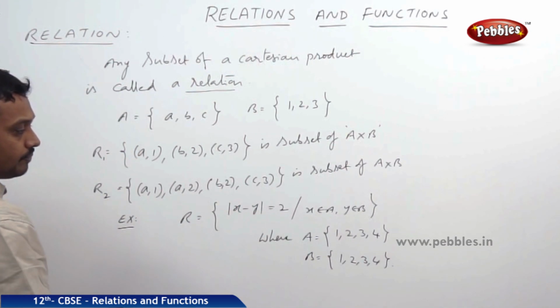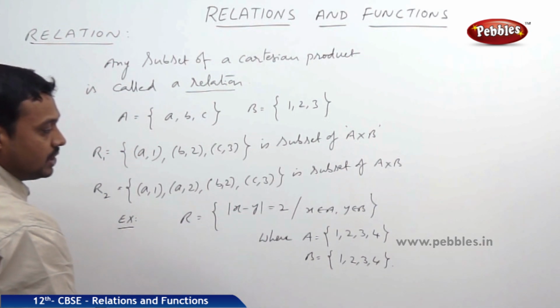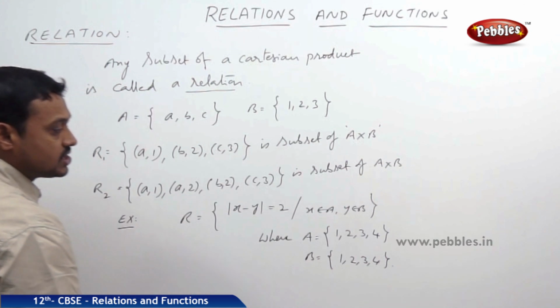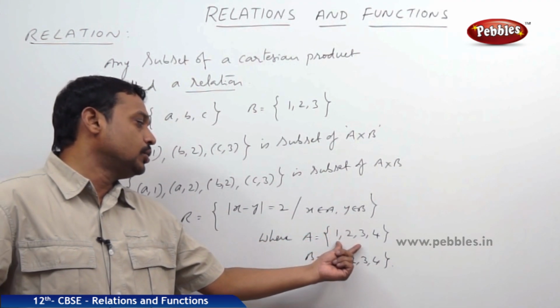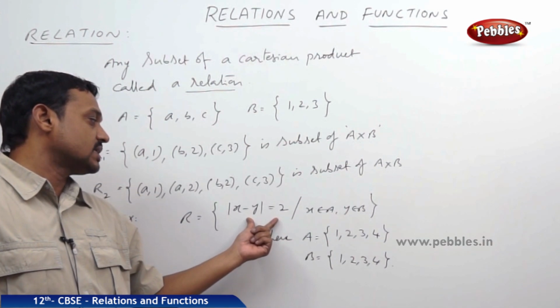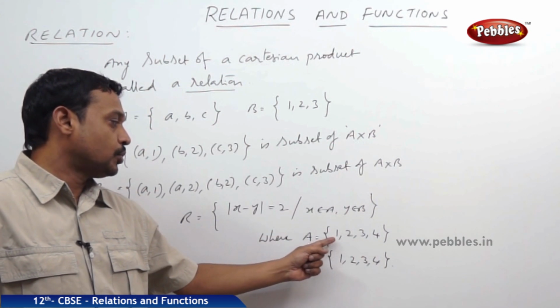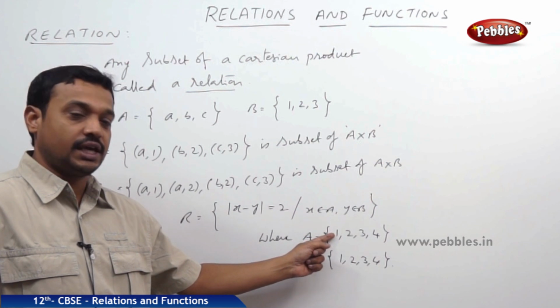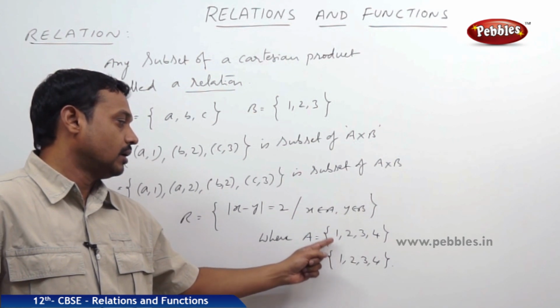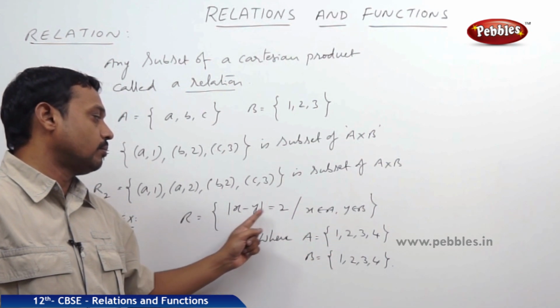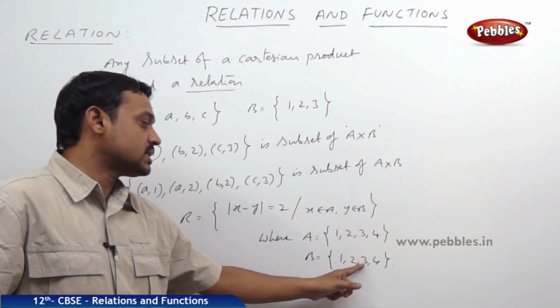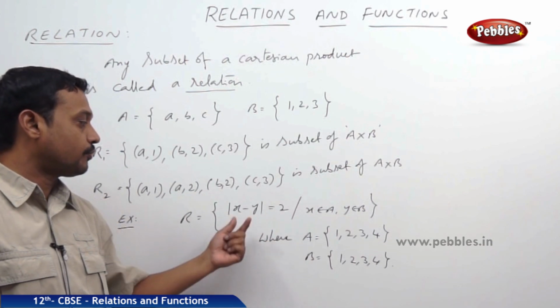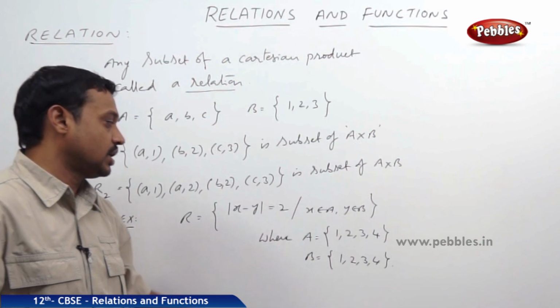Now, let us see A cross B with modulus of x minus y equal to 2. What are the possible values satisfying this condition? Suppose we choose 1 from set A and 1 from set B: 1 minus 1 is equal to 0 but not equal to 2. 1 minus 2, no. 1 minus 3, yes, minus 2, of course it is modulus, so it equals 2.